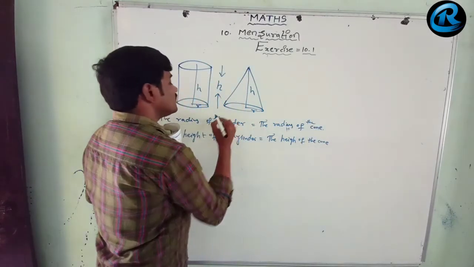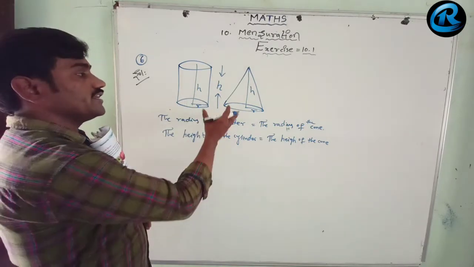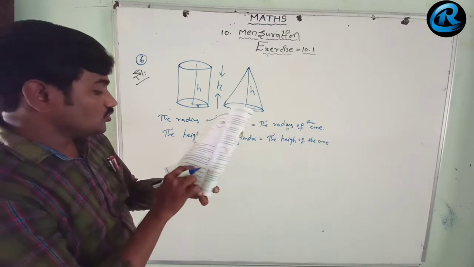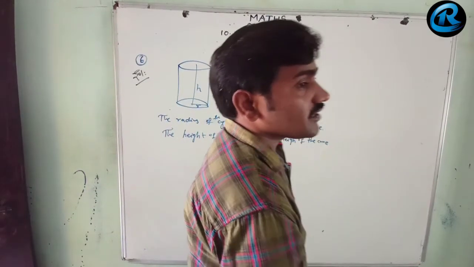So here r equals r and h equals h. They have the same radius and the same height. Then what about their volumes? Let us see. We have to show their volumes are in the ratio 3:1. Yes, the volumes will be in 3:1.